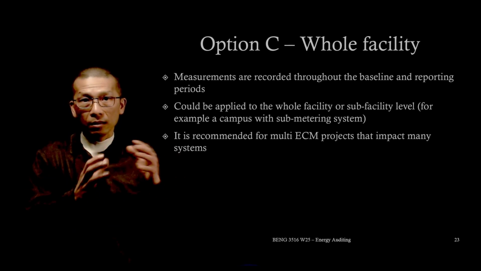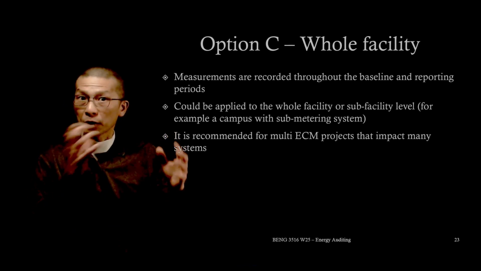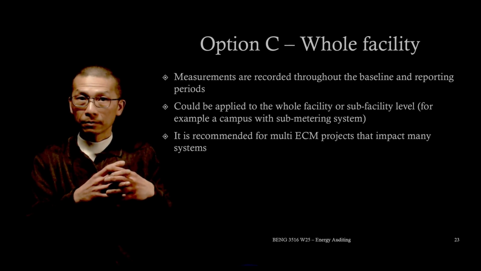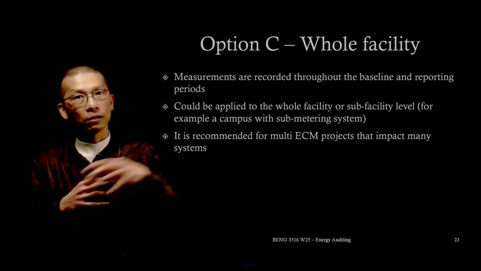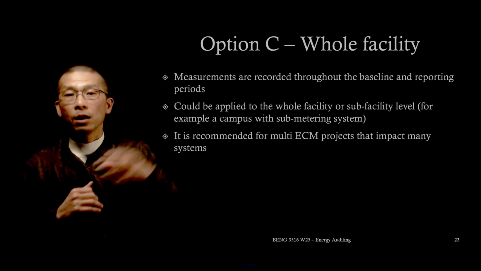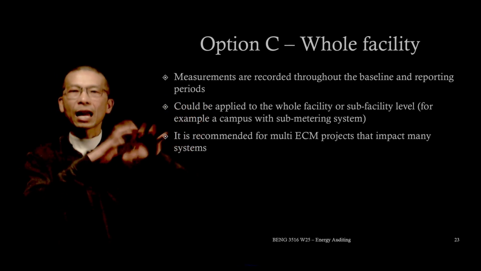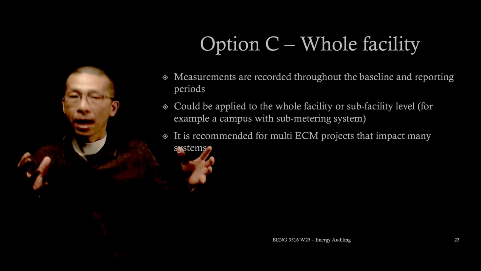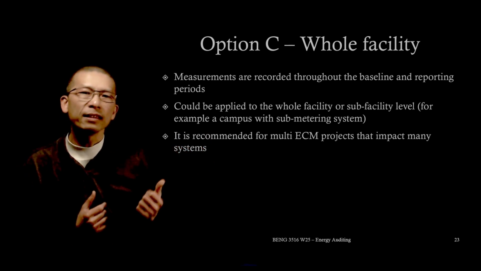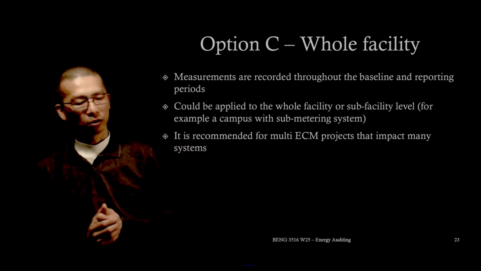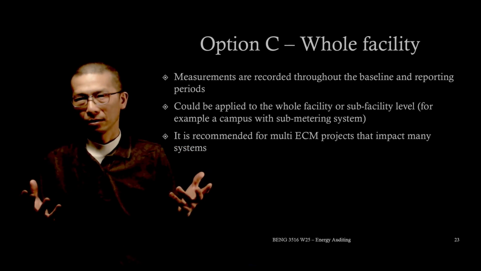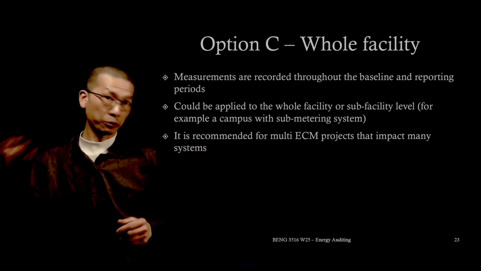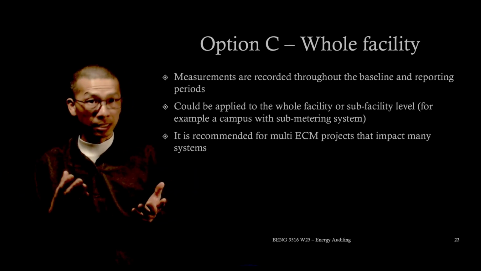So the lighting system use will affect HVAC as well. This method will capture all the ECM interactions and system-wide impact. The disadvantage: how do we quantify the savings from the lighting system alone or from the HVAC alone? It's not easy.